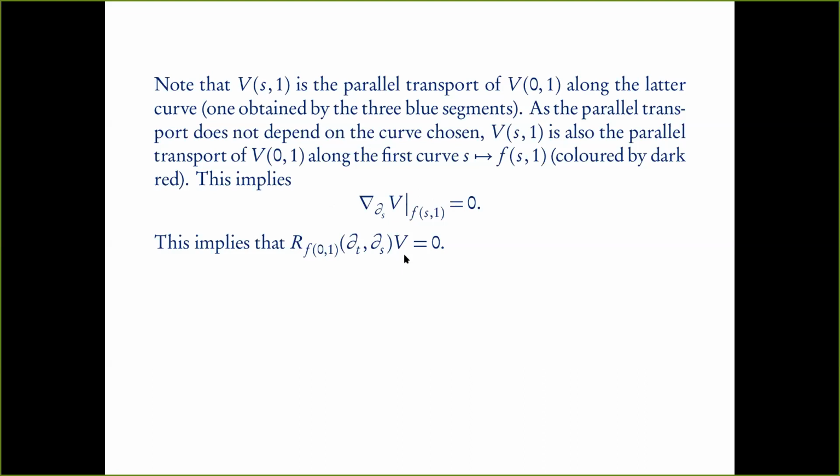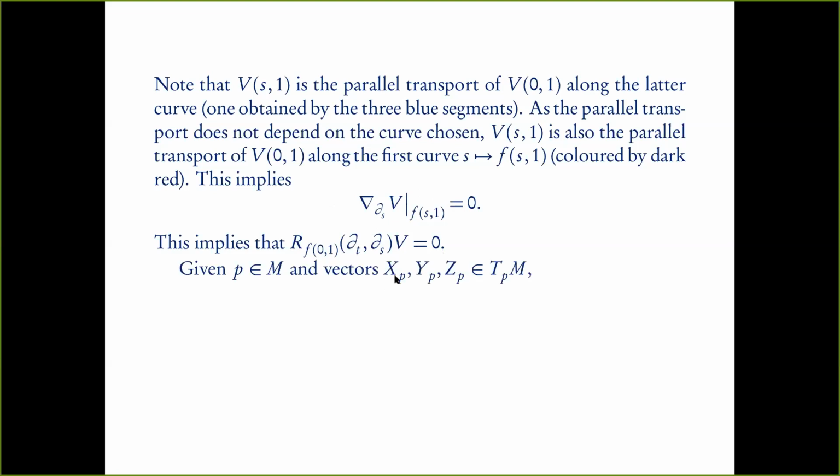This is saying that I can arbitrarily choose my f so that del by del t is whatever I want, del by del s is whatever I want, and f of 0, 1 is an arbitrary point p, and v0 was arbitrary to begin with. Then R of x, y, z is 0 for any x, y, z at TpM. Correct?